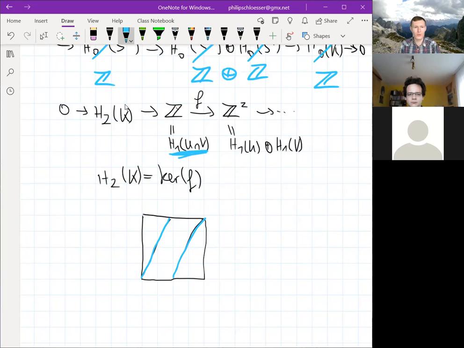And this map F just sees it once as a chain or as a simplex in U and as a simplex in V, and just sees what class this is.